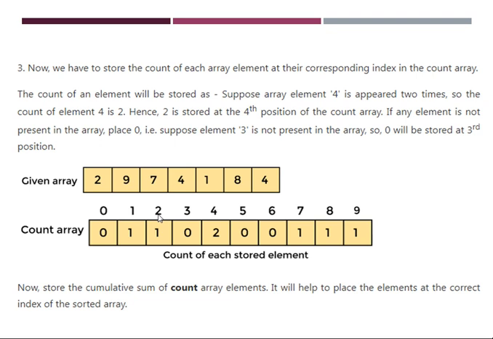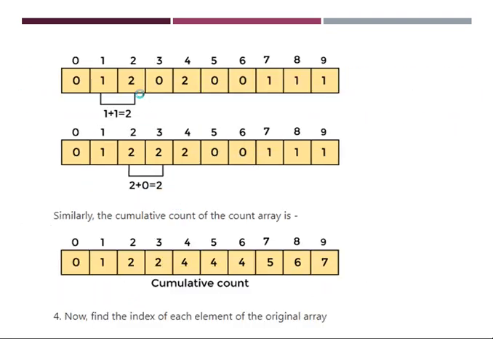Similarly here, 2 appeared once and 3 is appearing 0 times. So this will be replaced like this. Okay, so here finally we are writing it like this, then it is 2, and here it became 2 because we have added it 2 plus 0.